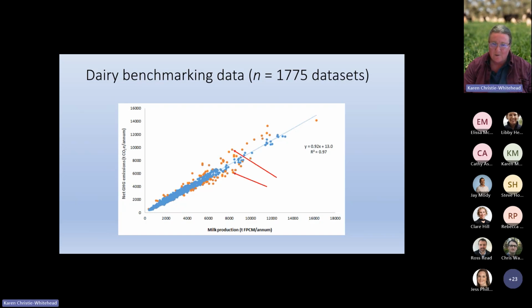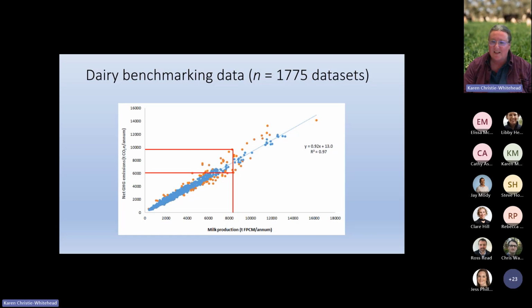But if I focus on these two particular dots and these two particular farms, they're producing around about the same amount of milk, a bit over 8,000 tonnes of fat and protein corrected milk per annum. This first dot has emissions around 6,000 tonnes of CO2 equivalent, where this second farm, with similar milk production, is around 10,000.